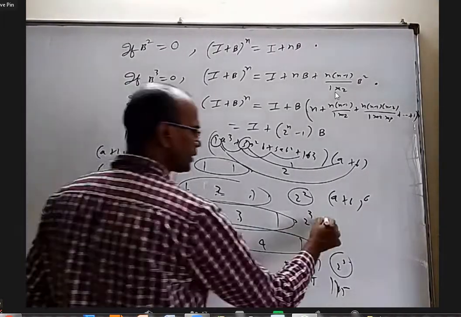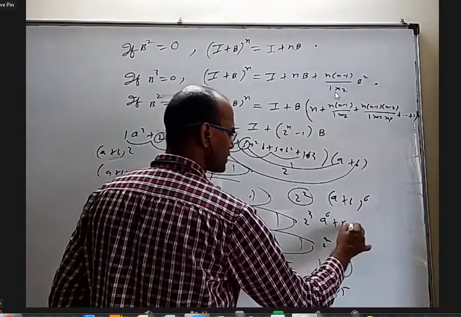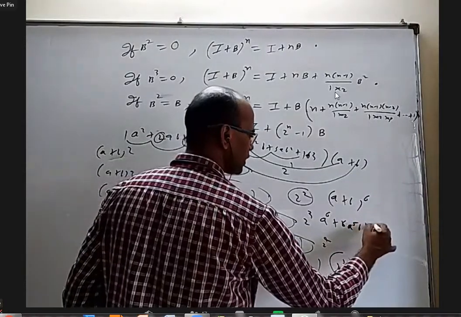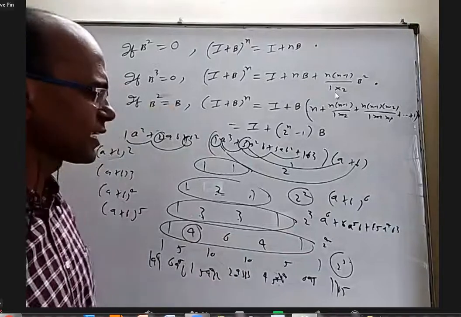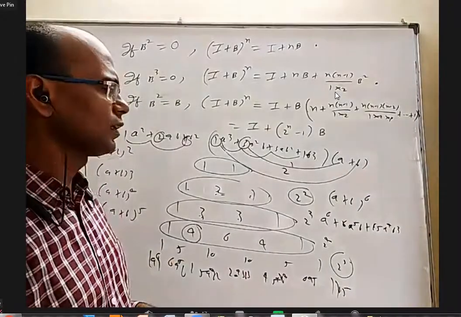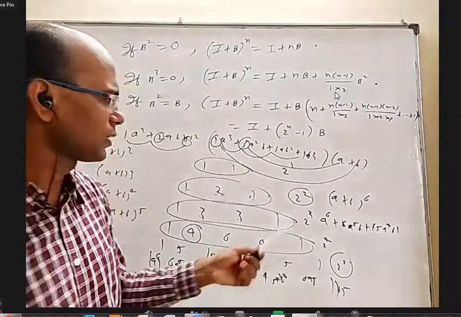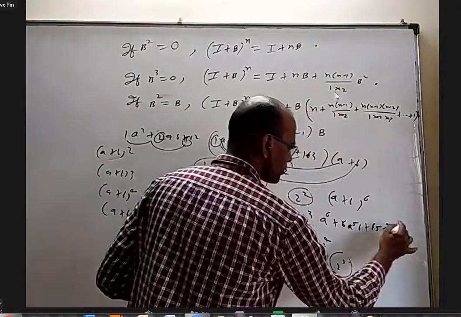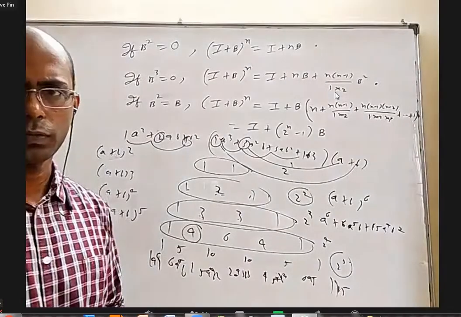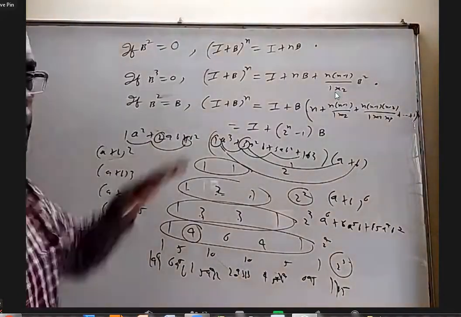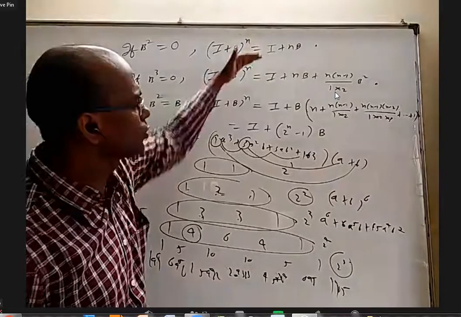It is a power 6, 6 a power 5 b, 15 a power 4 b square, 20 a cube b cube, and so on. We decrease a and increase b. Yes, correct.